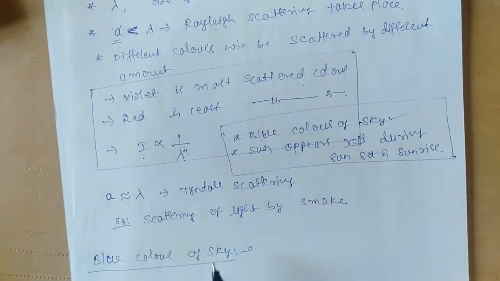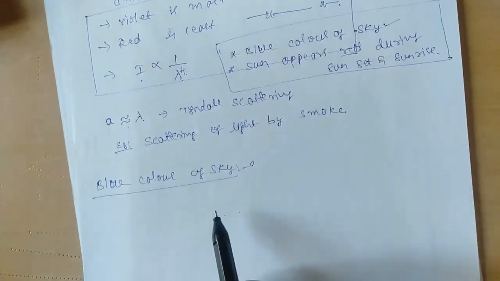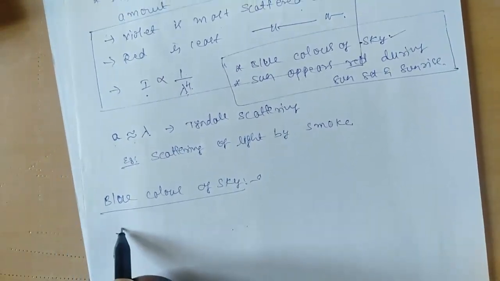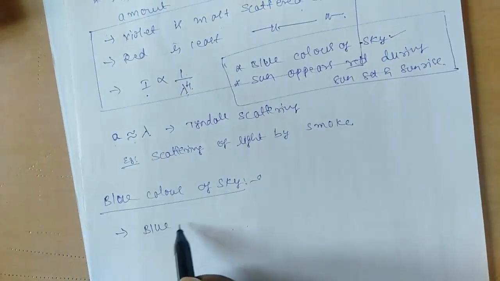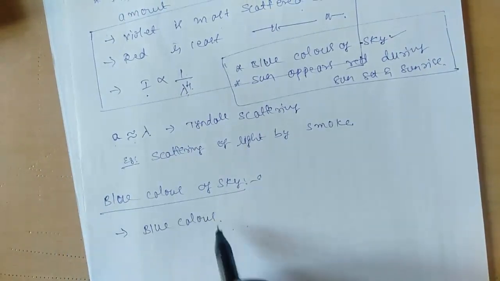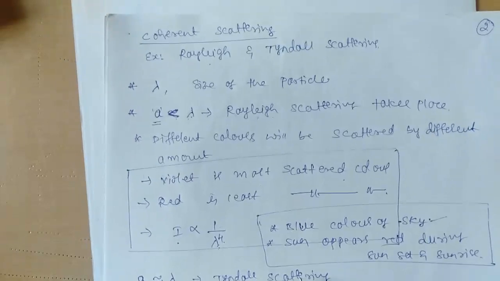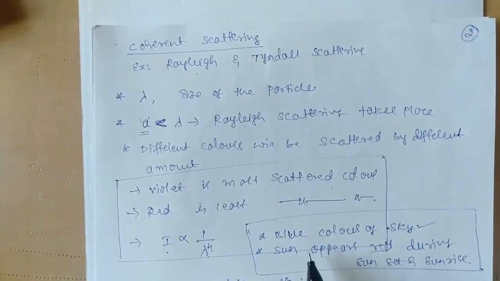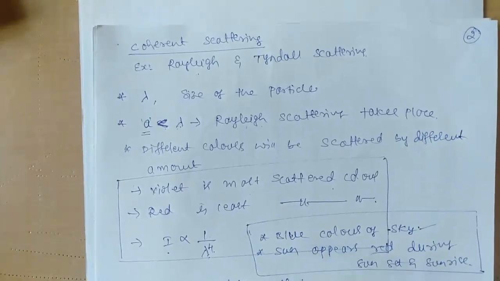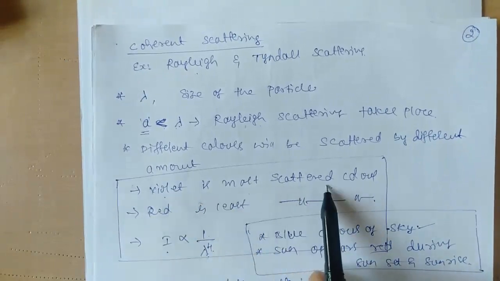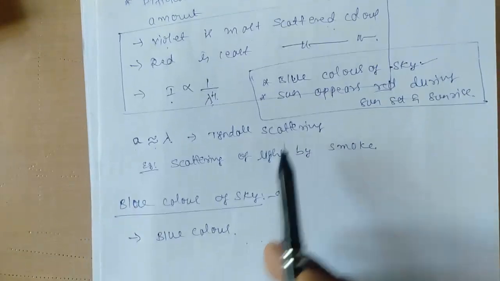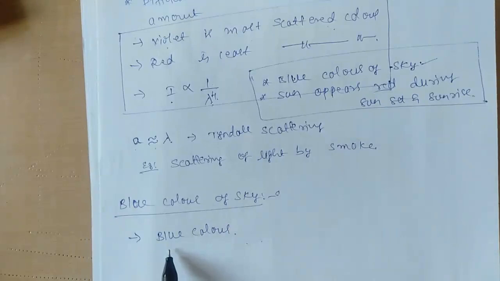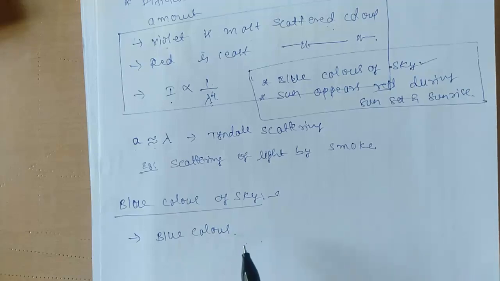But our eye is not that sensitive to violet, and it is sensitive to blue color. Therefore the sky appears blue.